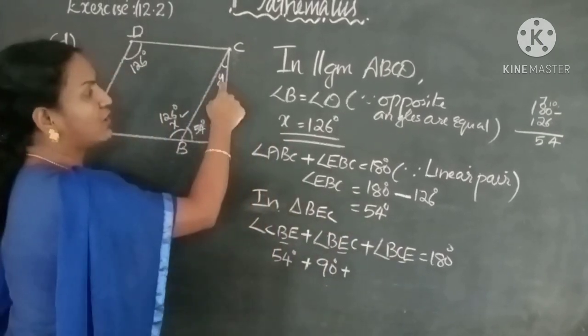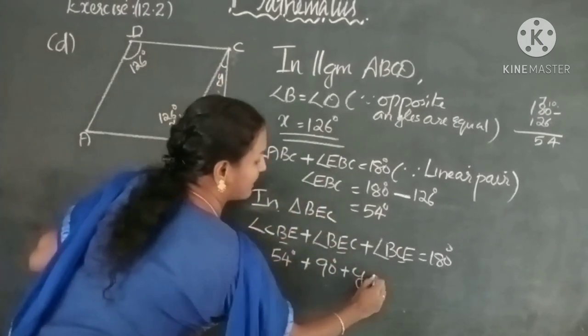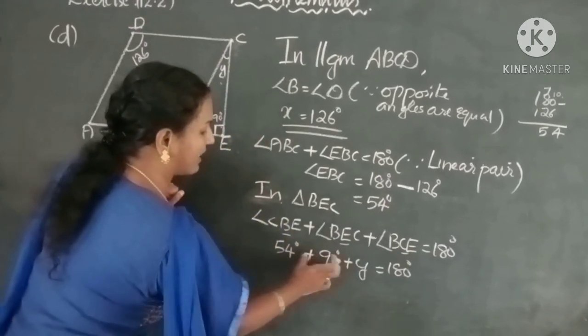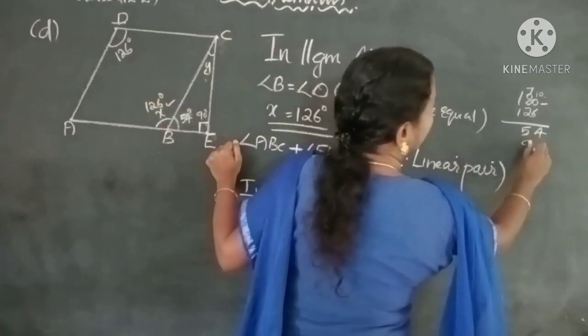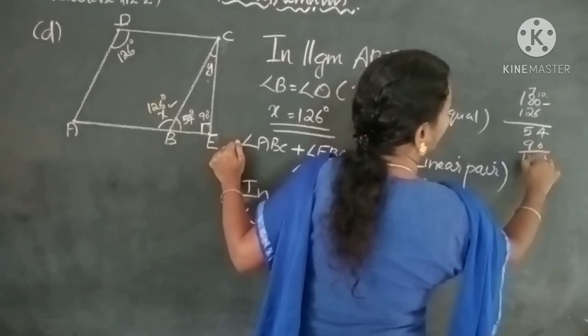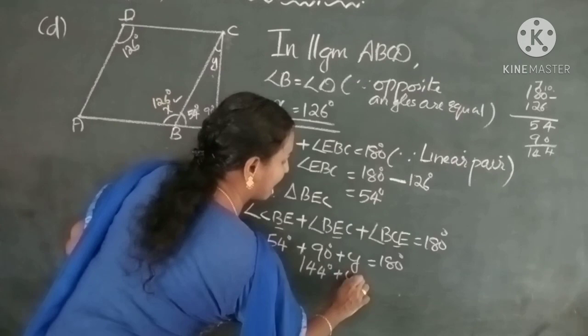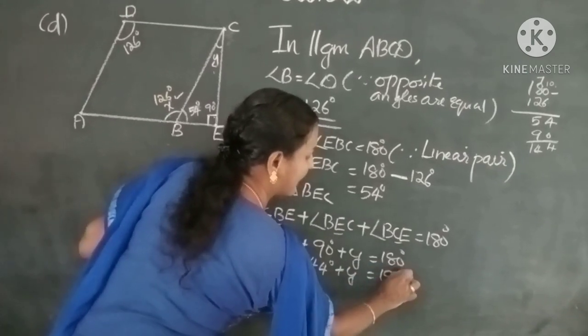BCE we don't know, this is the marked point y. It is equal to 180 degrees. By adding these two angles, 90 plus 54, 144. So 144 degrees plus y is equal to 180.